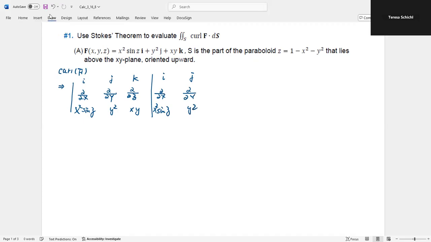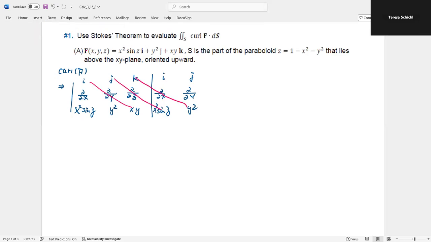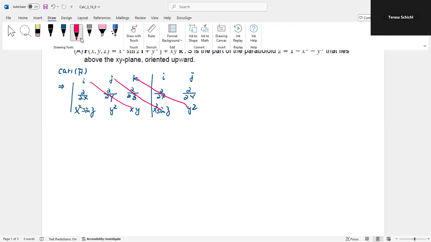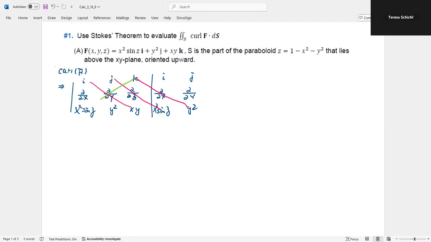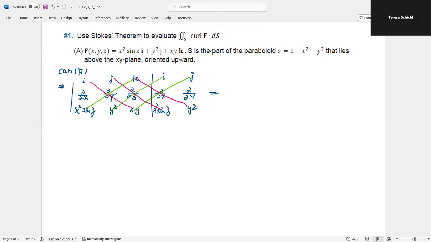Now I can do the cross, going down and then minus the opposite diagonals. For i, row y gives xi. For j, row z gives x squared cosine z times the j vector.